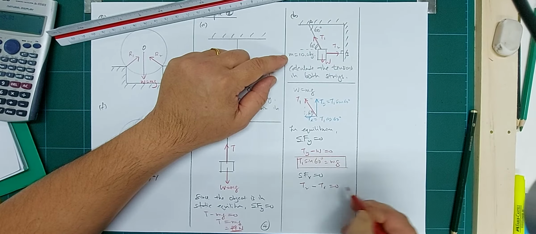This one is support A, this is support B. We assume that the plank is uniform, so the center of mass will be at the center.